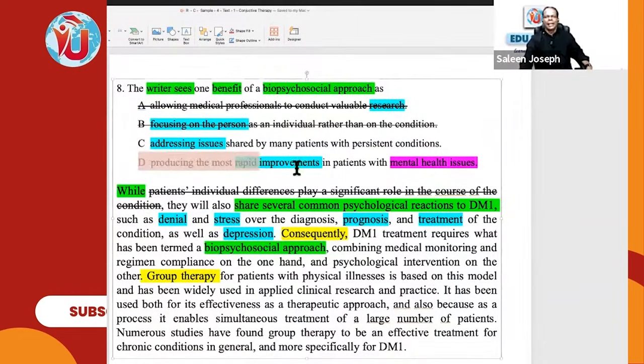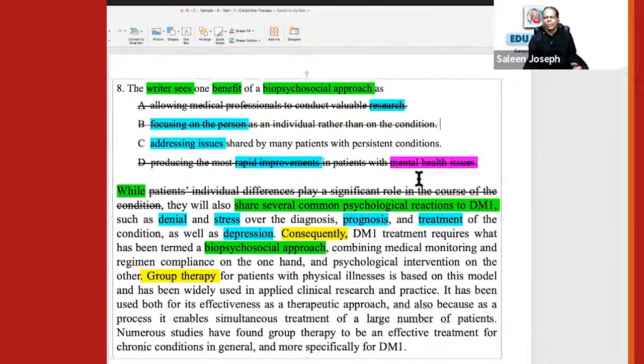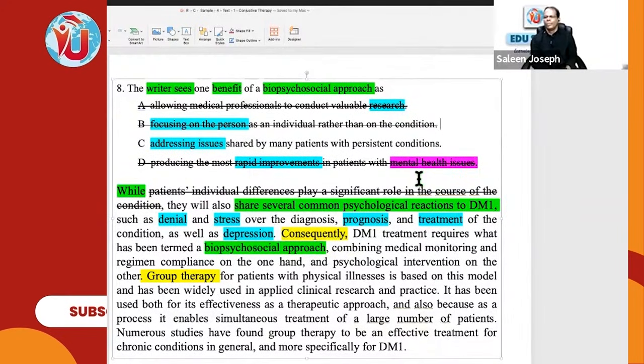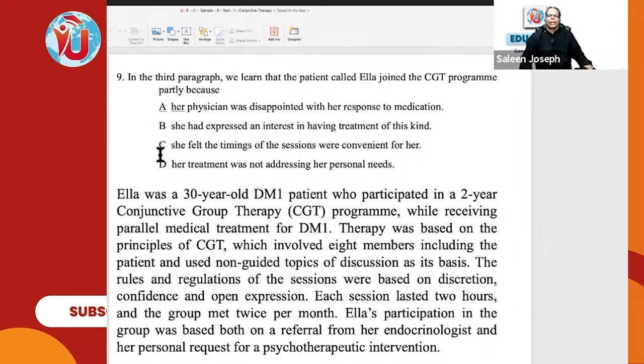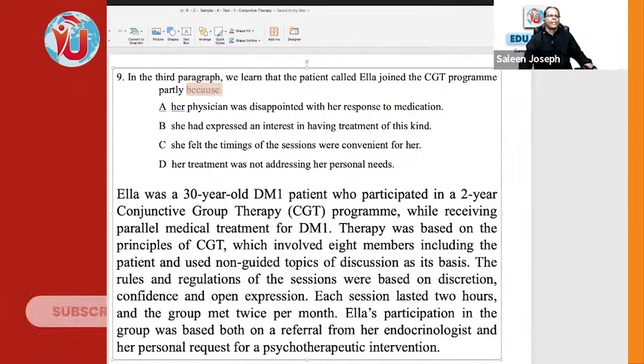General knowledge. So read, understand, spend time on analyzing the question. Understand each part of it. What are they speaking about? Which condition? About whom? Okay. So question 9: in the third paragraph, we learned that the patient called Ella joined the CGT program partly because... So what are the heading words?